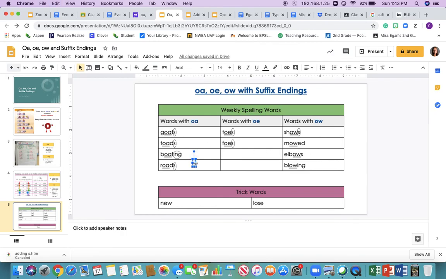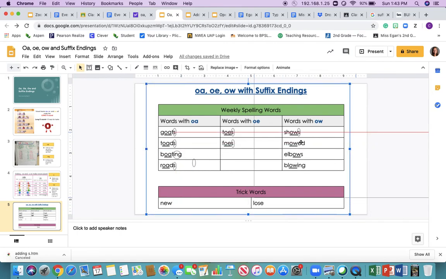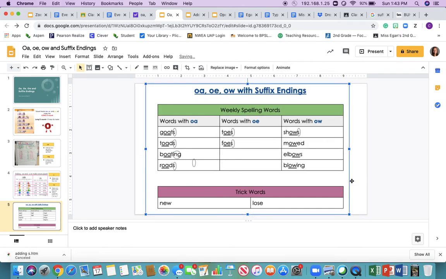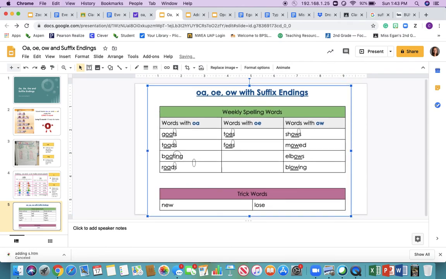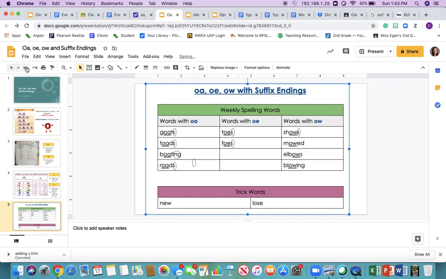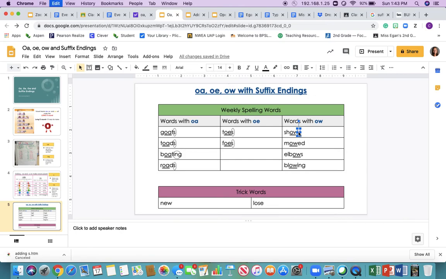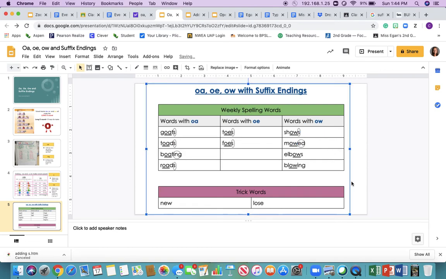Mowed. The word mow is a word on its own. And then you're going to add suffix ed, right? Mowed.